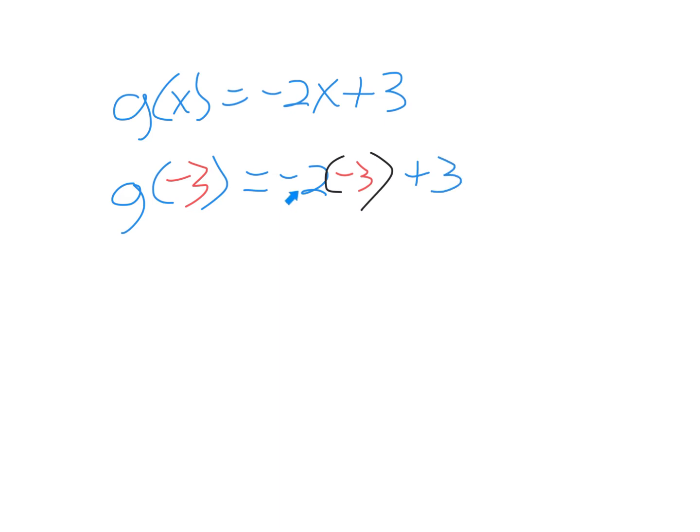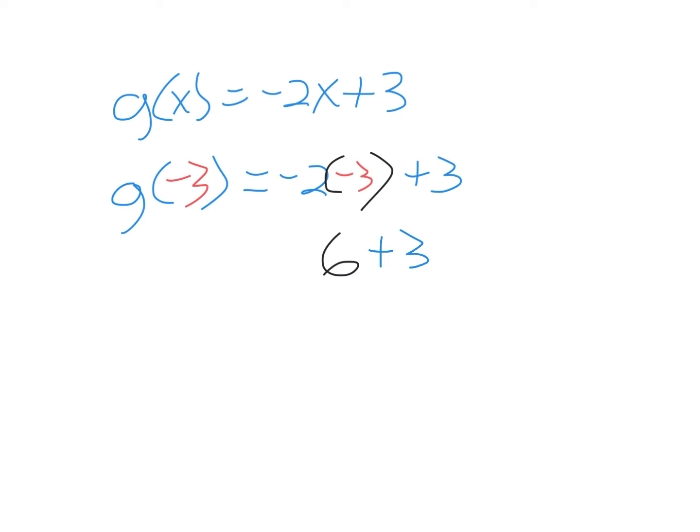So when we evaluate that, negative 2 times negative 3, we get positive 6, sorry. Remember, when the signs are the same, a negative times a negative is a positive, just like a positive times a positive is positive. When the signs are the same, the output is positive. So negative 2 times negative 3 is 6, and then the rest of the function says plus 3.